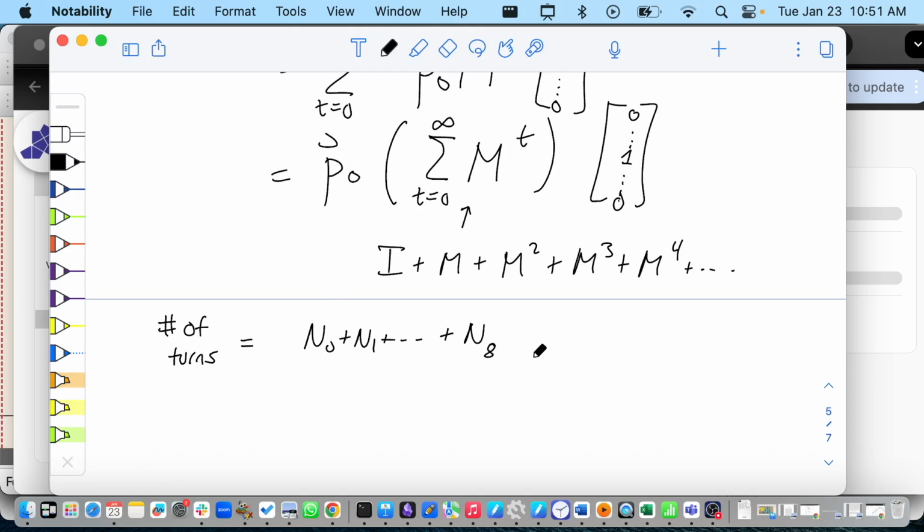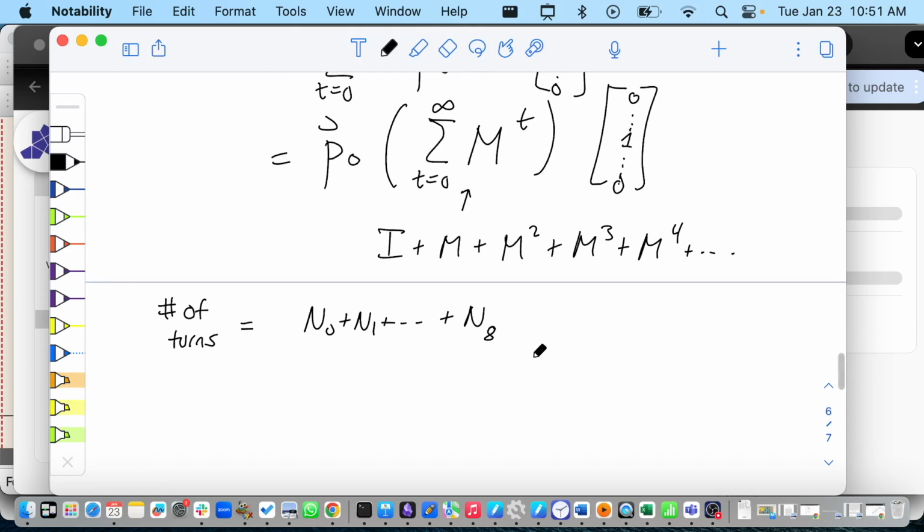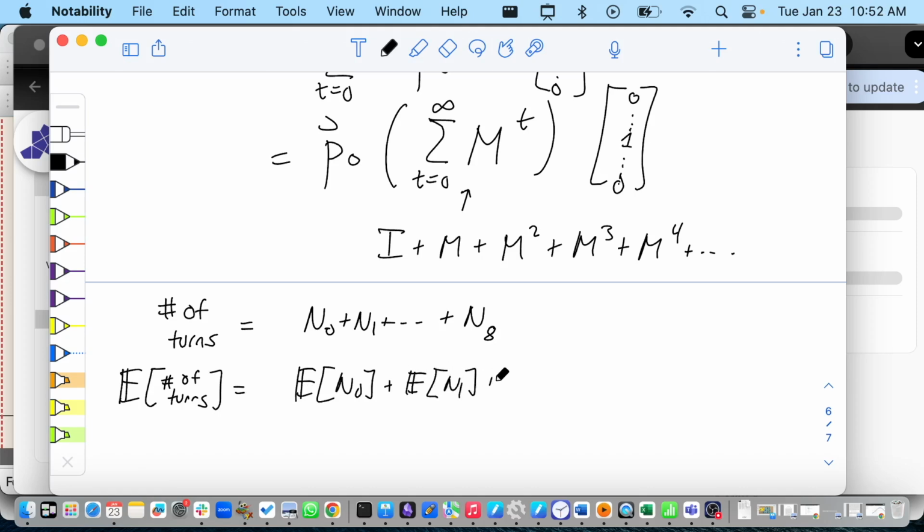We don't include n9 because at n9 the game is just over, which means the expected number of turns is the expected value of n0 plus the expected value of n1 plus so on all the way up to n8.